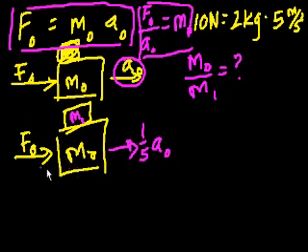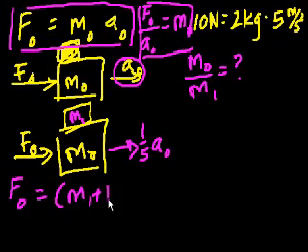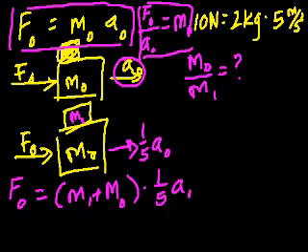And let's do that same relationship here with this. So here, this relationship tells us that f sub 0 is equal to m1 plus m0 times this new acceleration, which is 1/5 a sub 0.